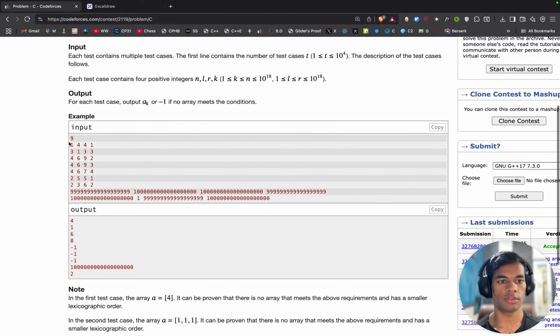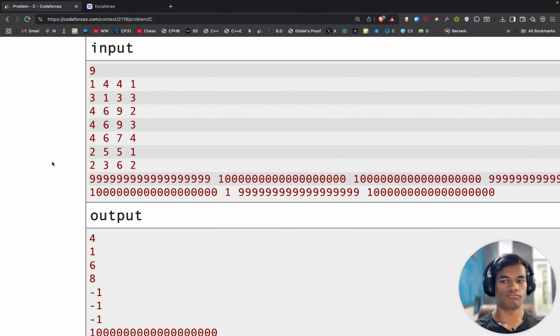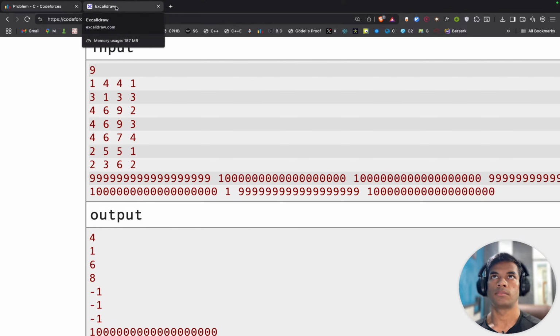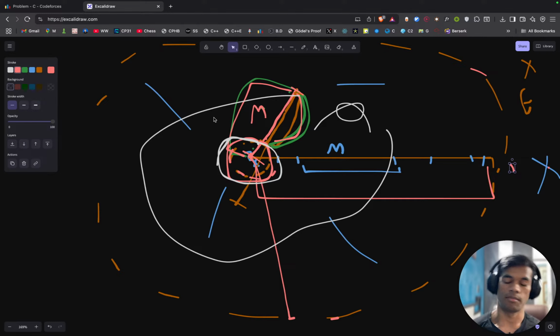And here is the input, just n, then L, R, and K. So it would depend on n. If n is odd, right? XOR returns in XOR. Oh, yeah, cool.